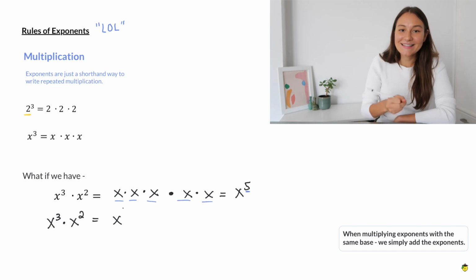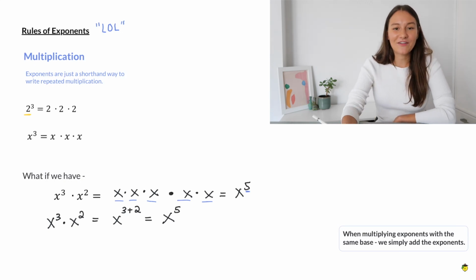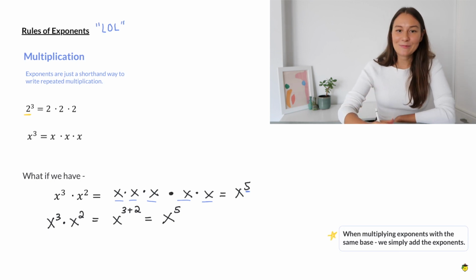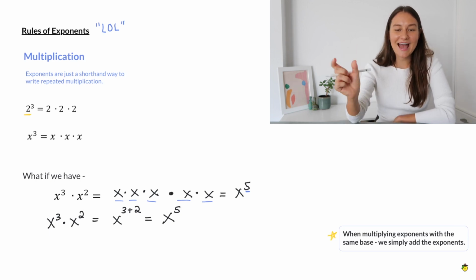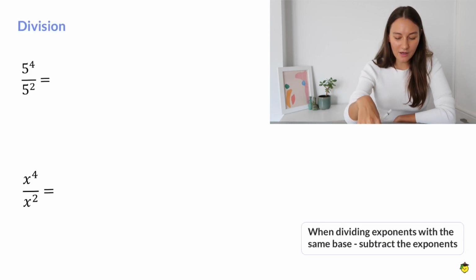So we keep the base the same, and I'm going to get x to the power 3 plus 2. I'm adding those exponents. And that's the same as saying x to the 5th. So that's the rule. When you're multiplying exponents with the same base, all you have to do is add your exponents. But I really wanted you guys to understand why the rule exists, so that if you ever get stumped or forget the rule, you can actually break things out for yourself.